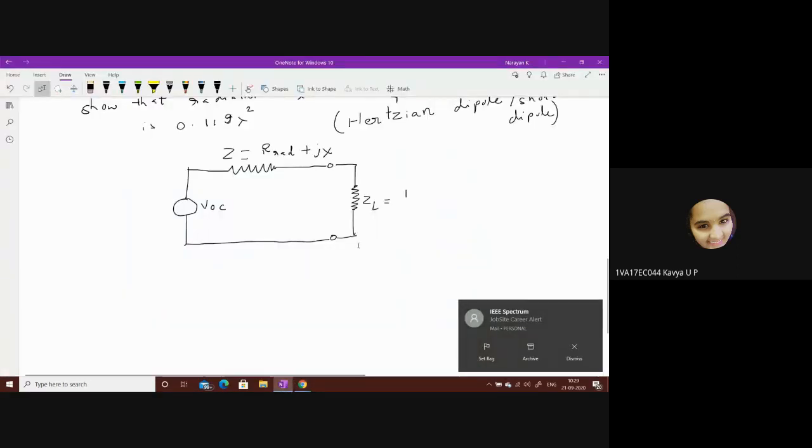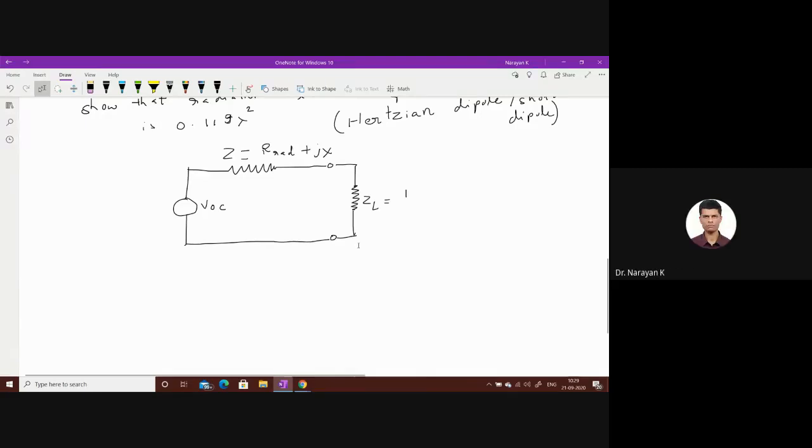If you remember from your network theory, thank you, Kavya, maximum power is transferred when the load impedance is the complex conjugate of the source impedance.